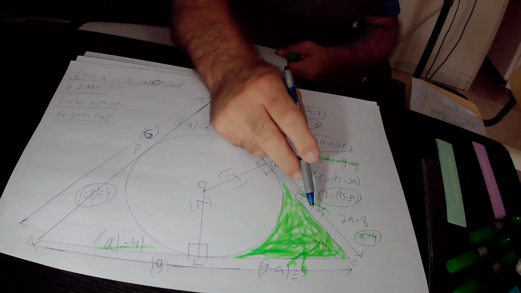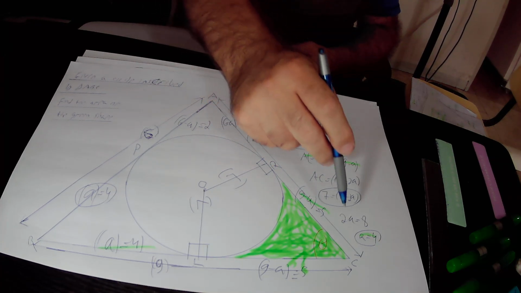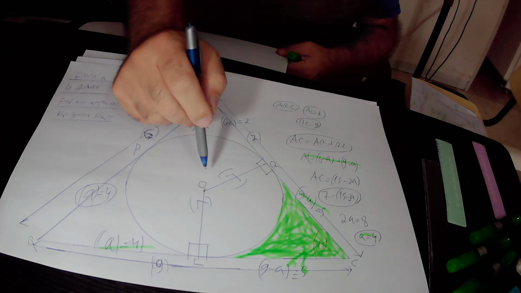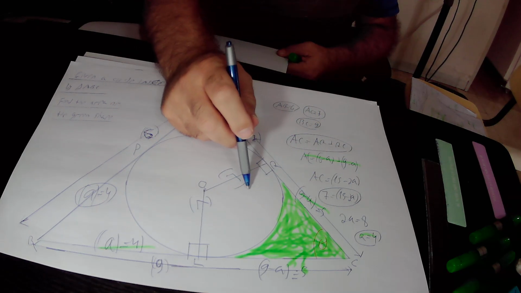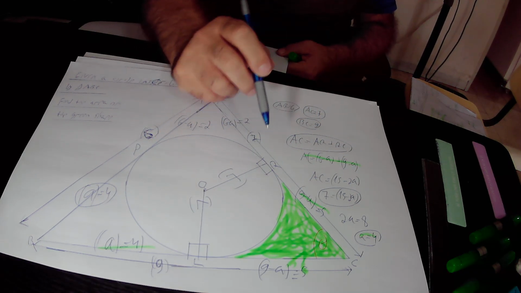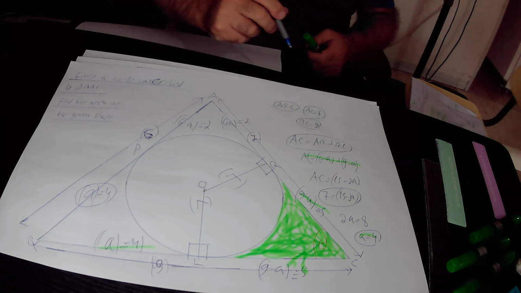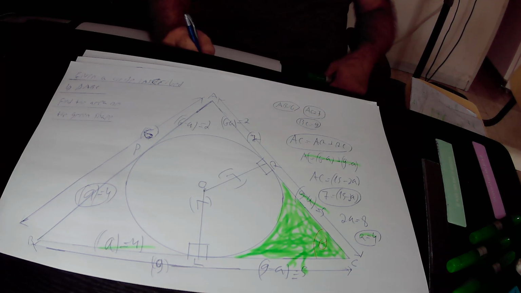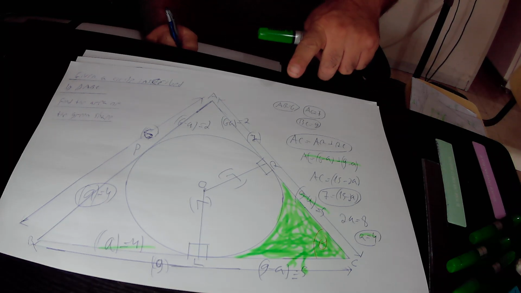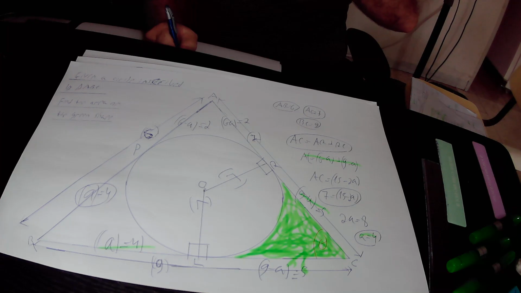Again, the area of this green shape in total equals the area of this quadrilateral QOLC minus the area of this sector QOL. So write it down. The area of the green shape equals the area of the big quadrilateral QOLC minus the area of the sector QOL.